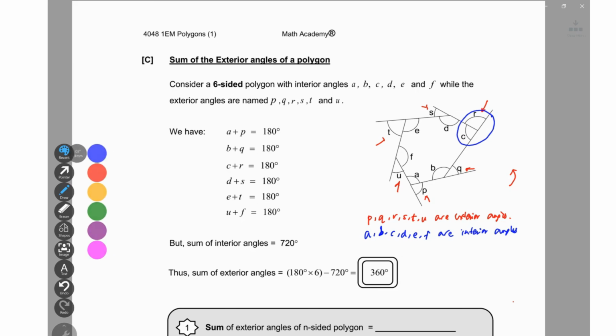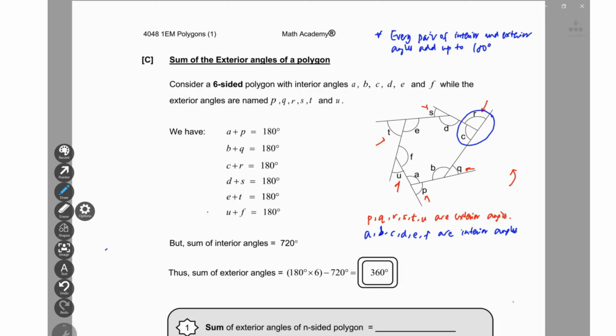One very important property to note: every pair of interior and exterior angles will add up to 180 degrees. This is a very important point. You will need this when you solve your questions later on and in a lot of polygon questions as well.